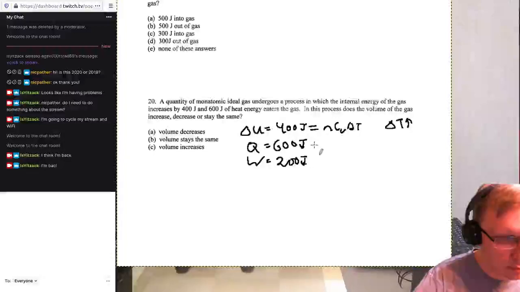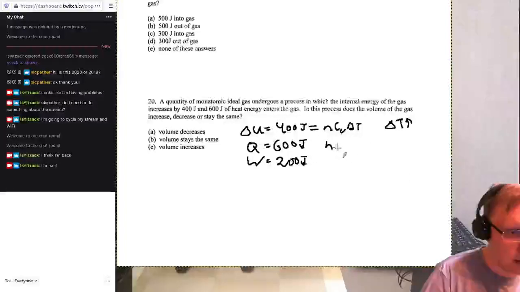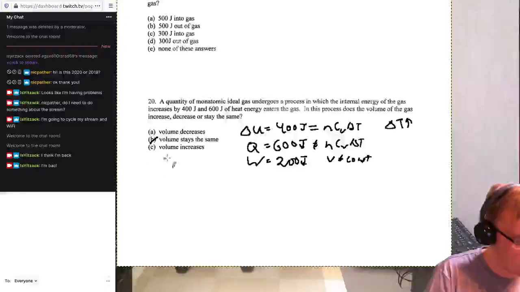Because Q is not equal to nCV delta T, that means that V is not constant. So I have eliminated that it stays the same.